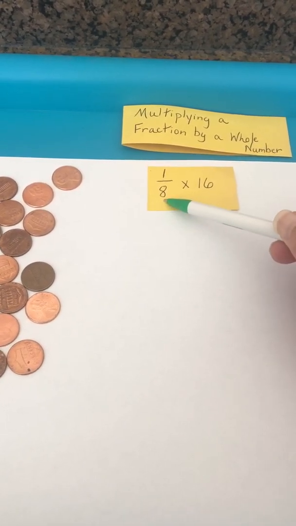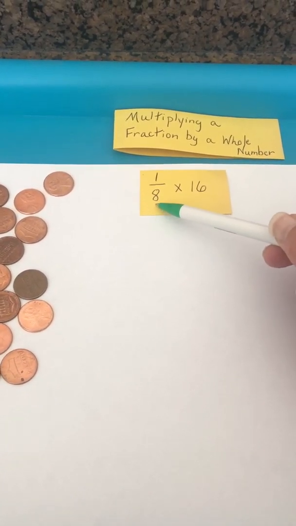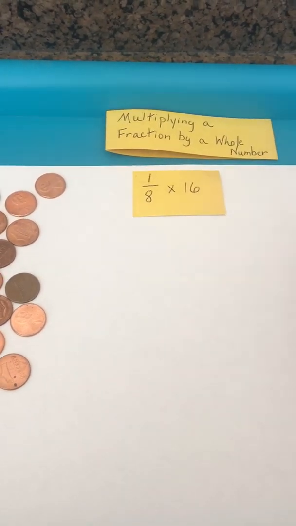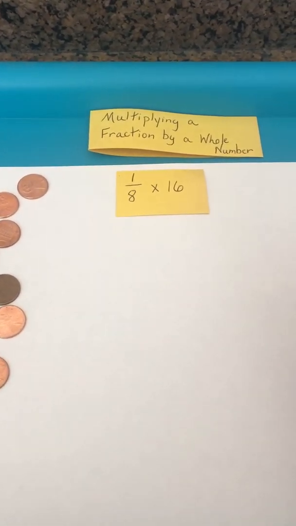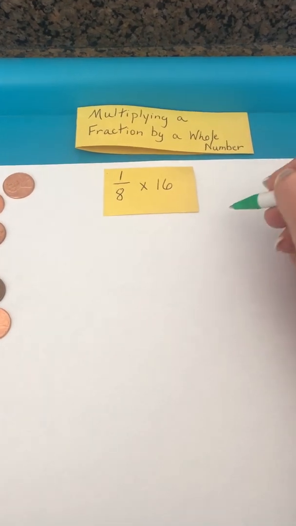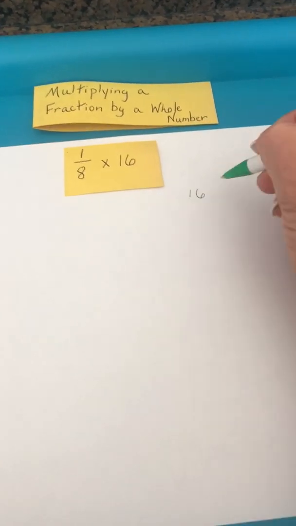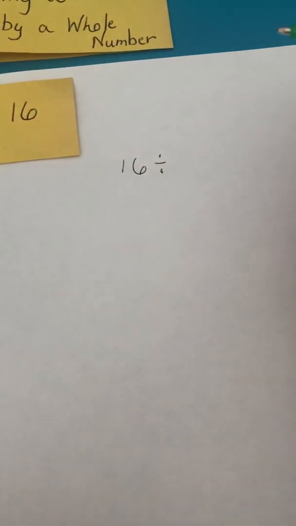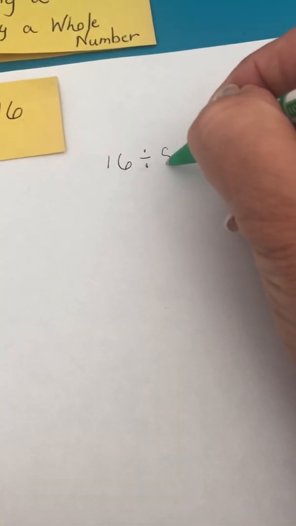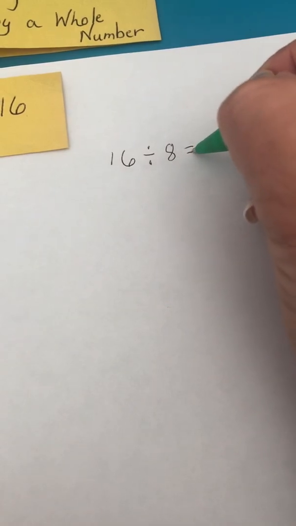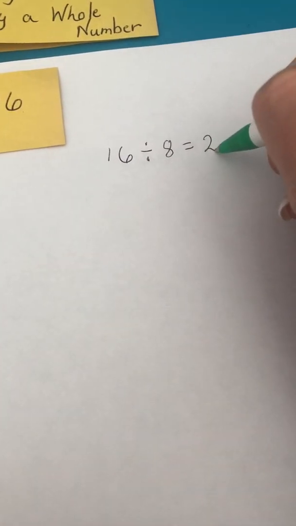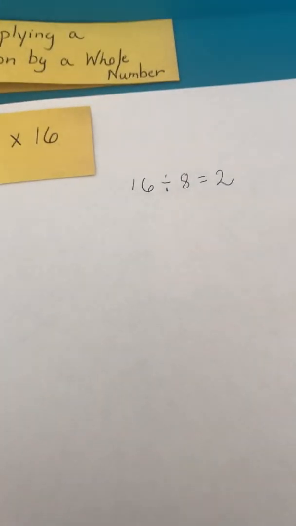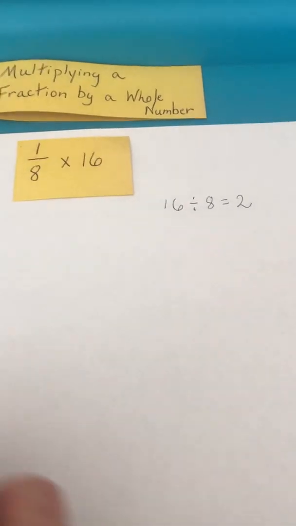My denominator tells me how many total parts I need. So using what I know about my facts from multiplication and division, I know that 16 divided by 8 would give me 2. So there's going to be 2 in every group.